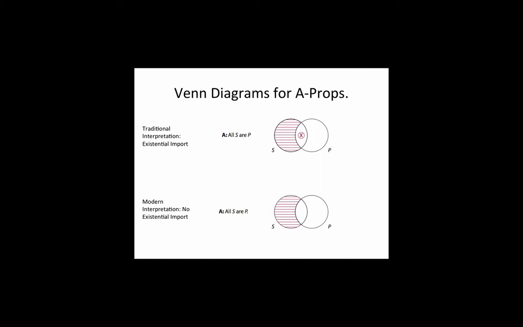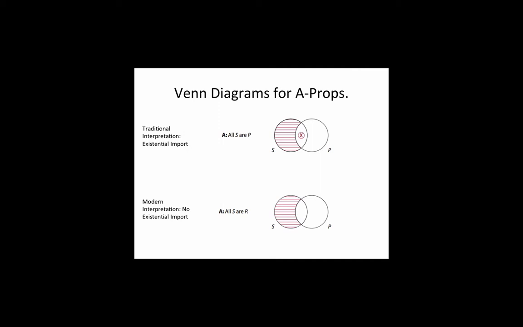What we've been looking at is the square of opposition from the traditional standpoint. And remember what that means. That means that we assume a member of the subject class in our two universal claims exists.